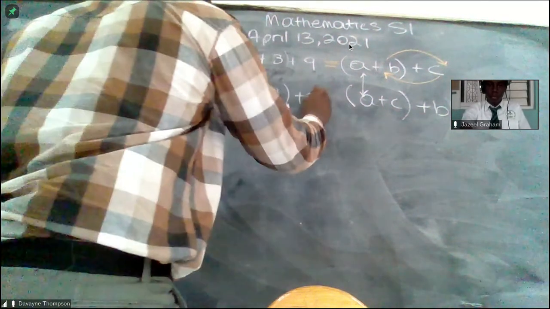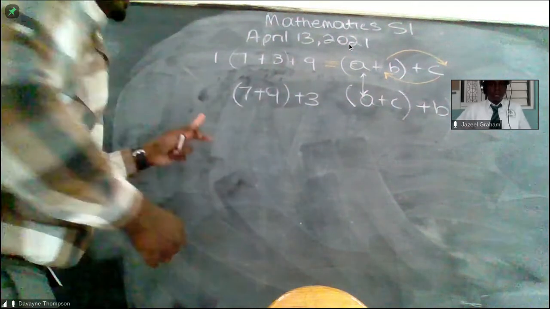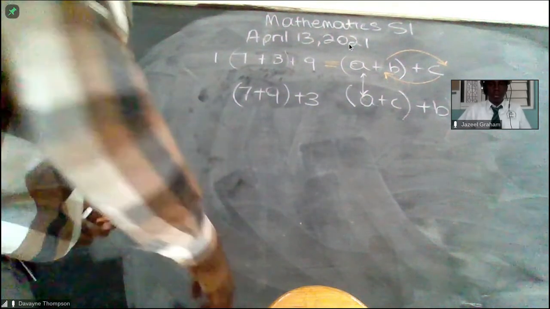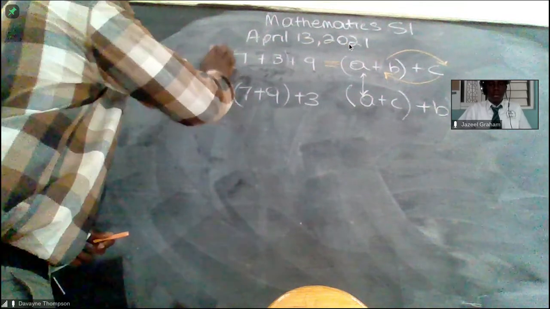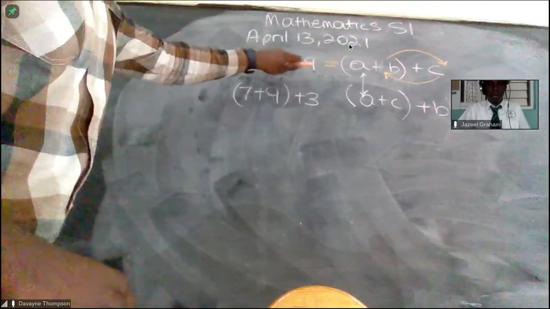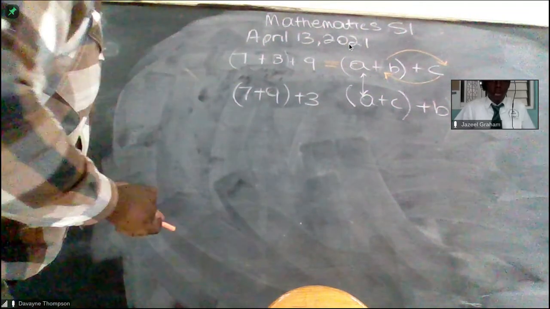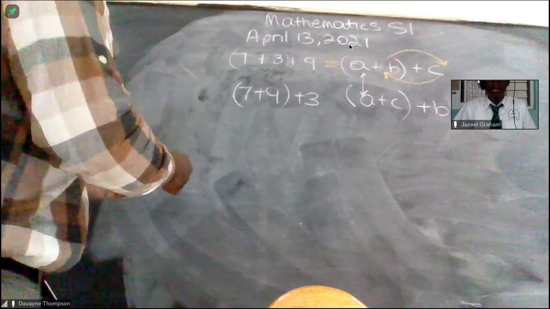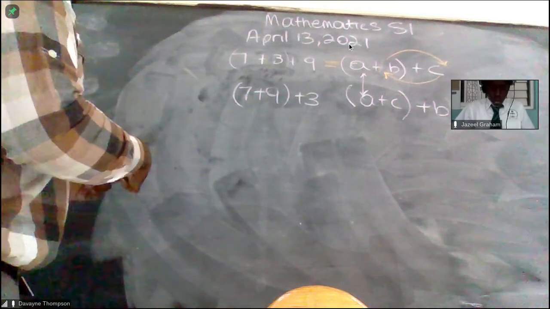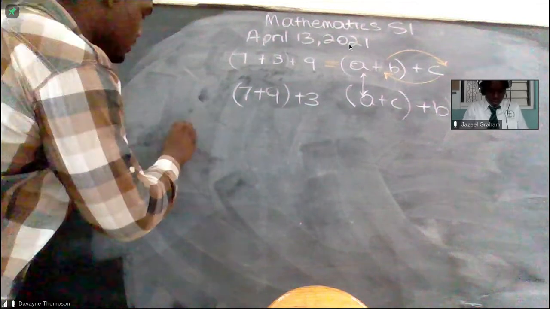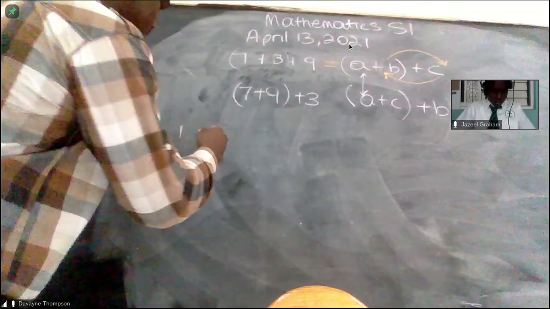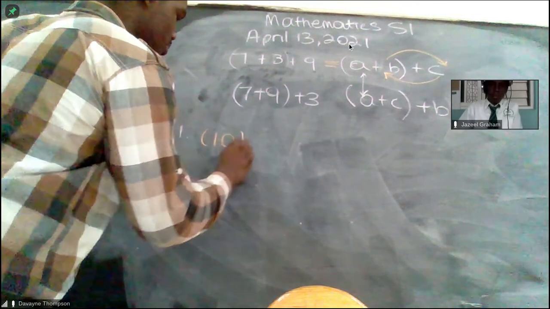Alright. Now we're going to prove that the answer for both is going to be the same. So let's prove the first one. What would be 7 plus 3? 10. So in the first one, we're going to have 10 bracket plus 9.